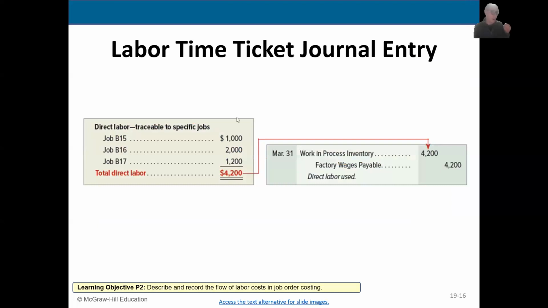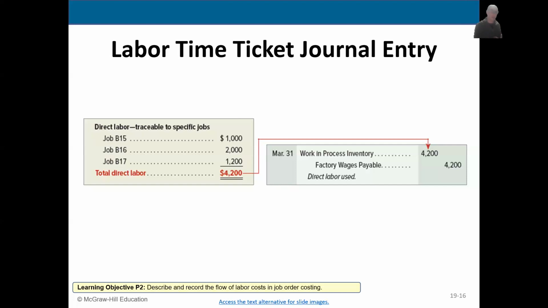We add up all of the direct labor worked on all the jobs, and we add it to work in process. Because remember, work in process includes direct materials, direct labor, and factory overhead. So we add in direct labor through this process, okay?